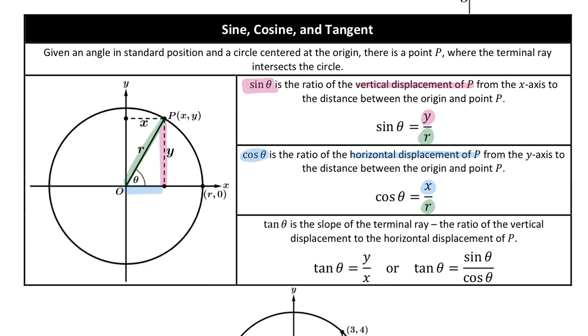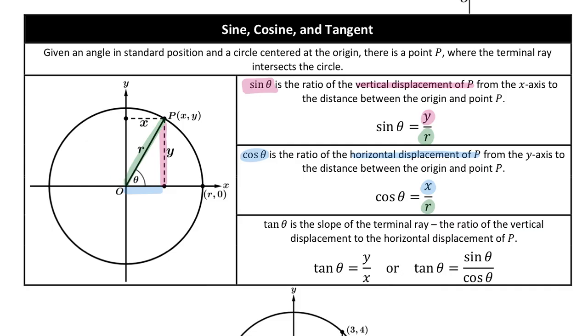Sine is opposite over hypotenuse, cosine is adjacent over hypotenuse, tangent is opposite over adjacent. Same vibe. It's just that we have put our triangle on a coordinate grid. So now instead of using the words opposite, adjacent, and hypotenuse, we can use the horizontal displacement, vertical displacement, and radius as our legs and hypotenuse of this triangle.